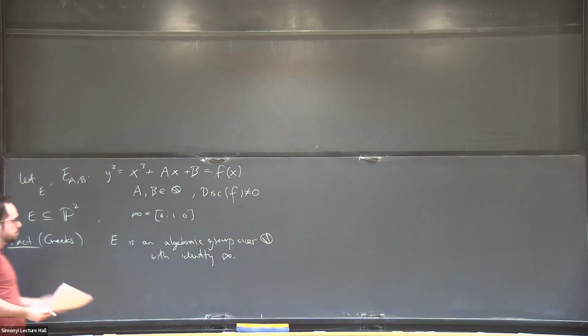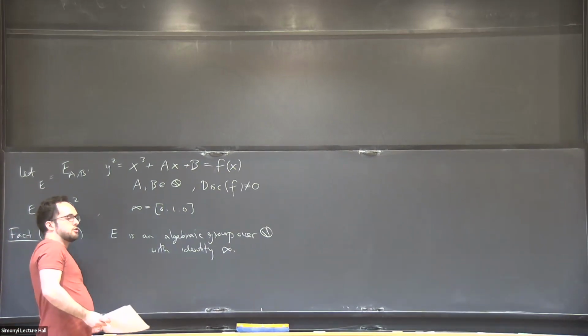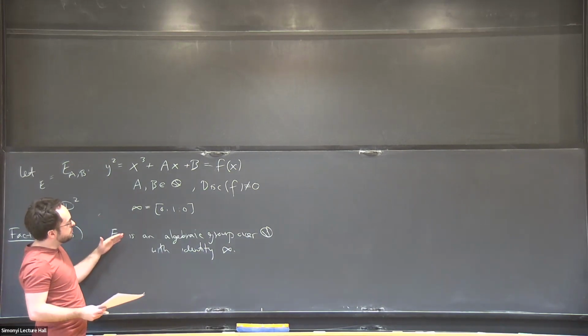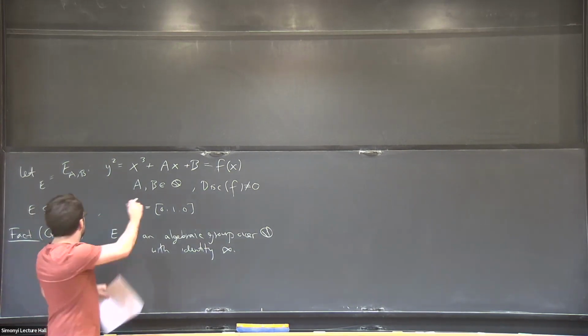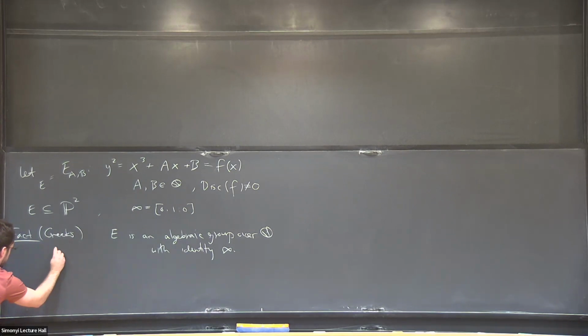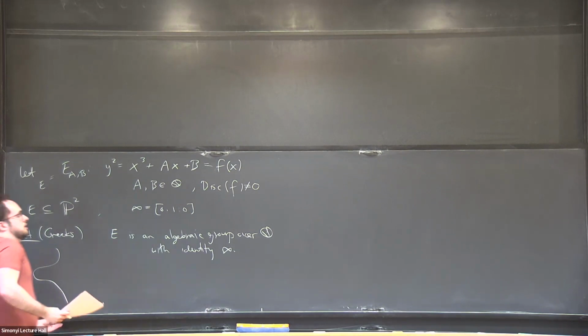And as probably many of you have seen, the way you get the group structure is, if we draw a picture, maybe it looks something like this. You declare that the sum of any 3 points on the elliptic curve that lie on a line, so any 3 collinear points, is 0. And that determines a group law.